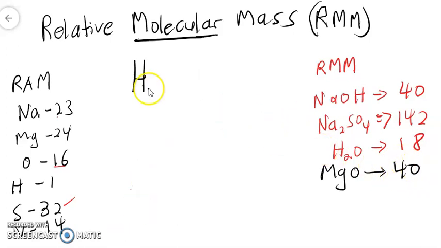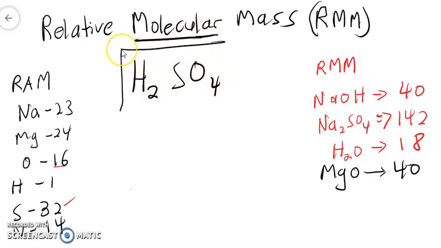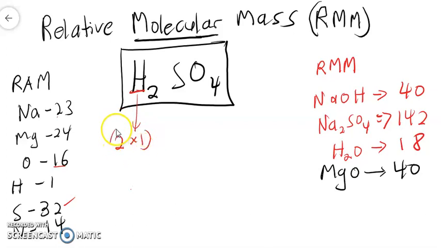Now let us calculate for sulfuric acid. This is the molecule for sulfuric acid. So we are going to calculate now. Hydrogen, you have 2 atoms of hydrogen, so 2 multiplied with 1. You add 32, which is sulfur, and you add 4 oxygens.